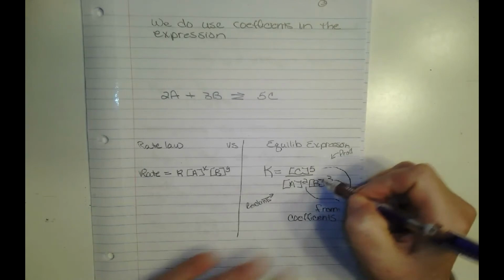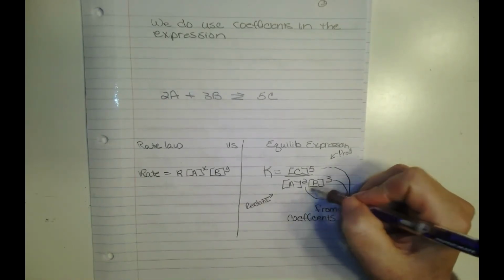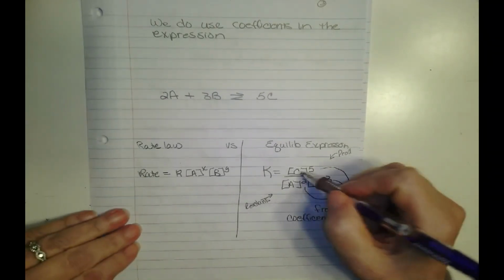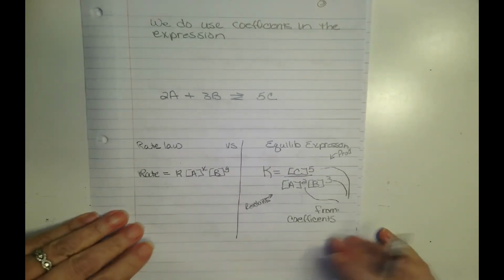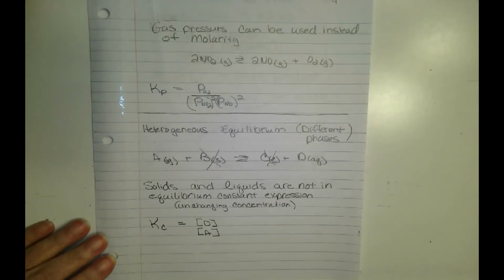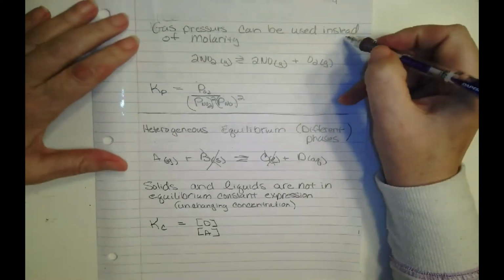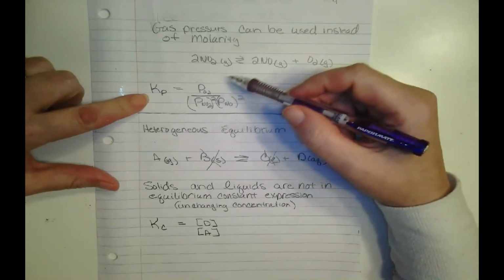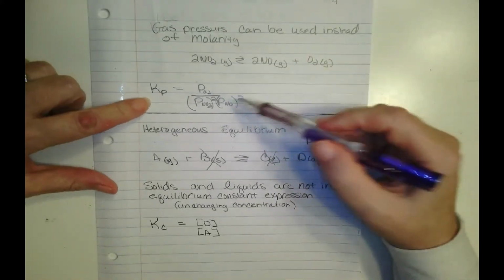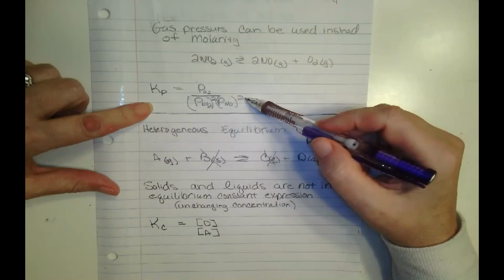And now I have a formula, and if I have the concentrations at equilibrium, I can plug them in and I can solve for my equilibrium constant. Okay? Gas pressures can be used instead of molarity, and it's the same thing. It's products over reactants raised to their power.